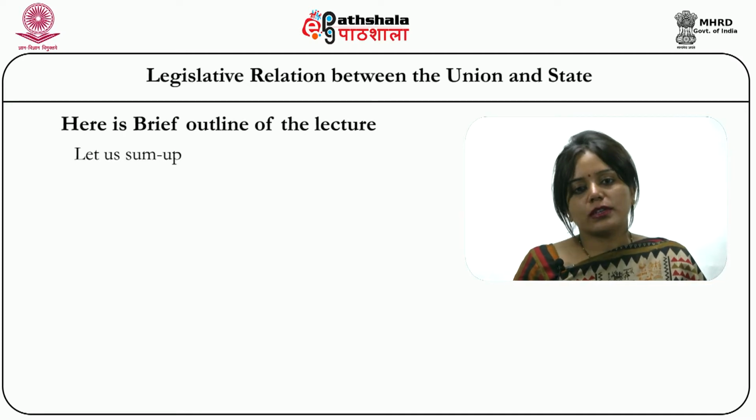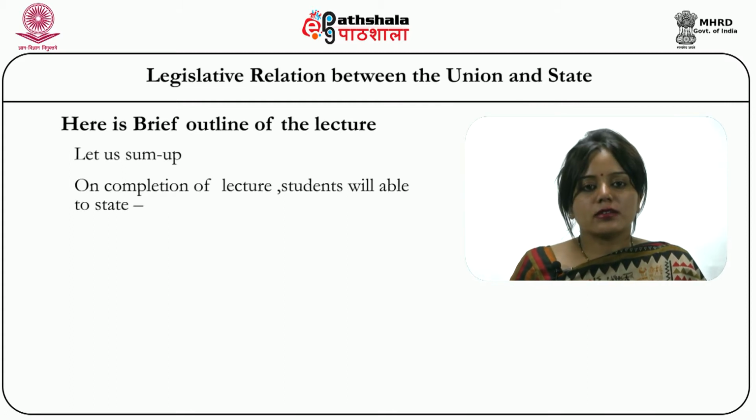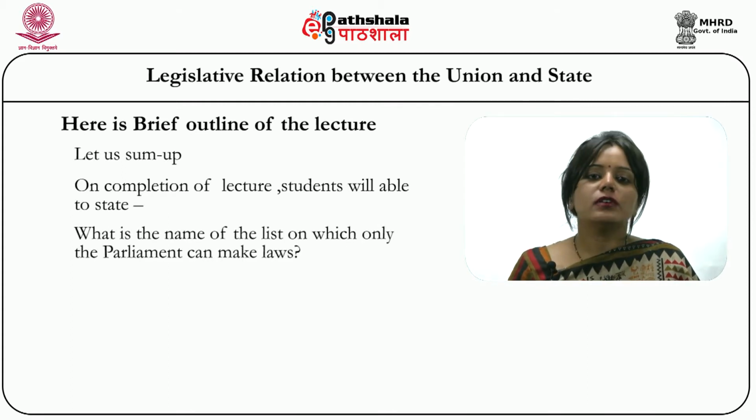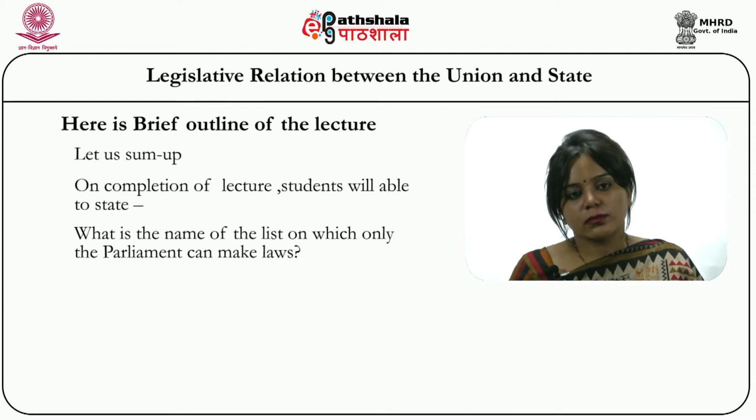And my dear students, on completion of the lecture, you will be able to state what is the name of the list on which only the Parliament can make laws.